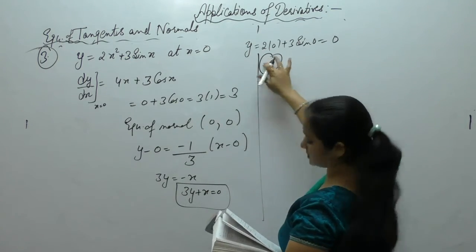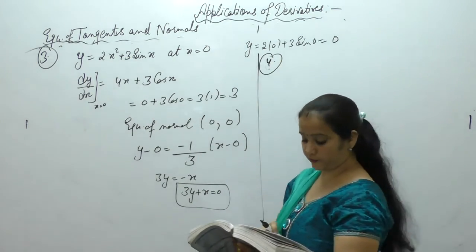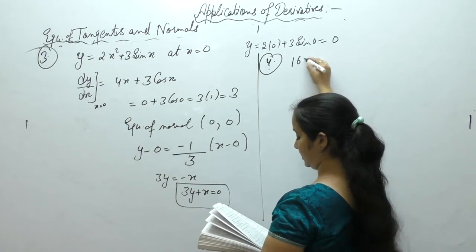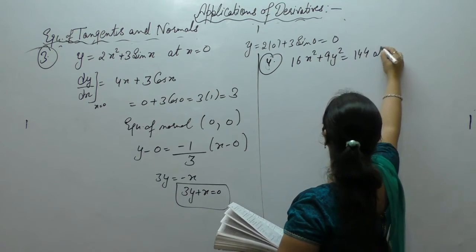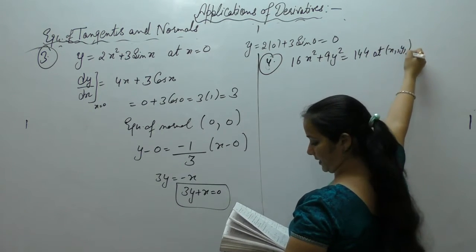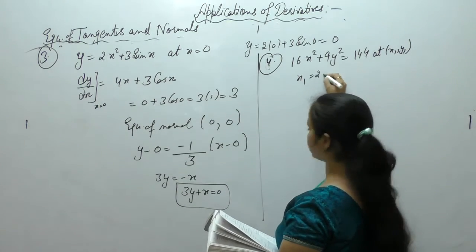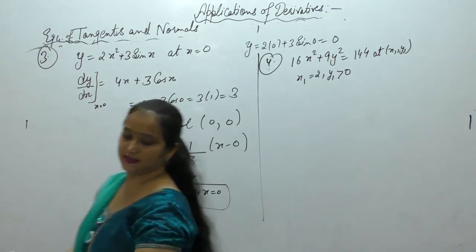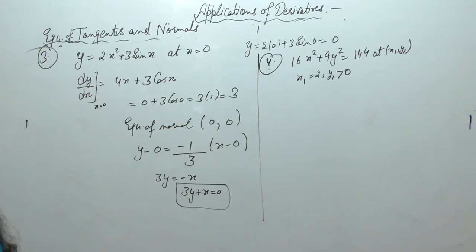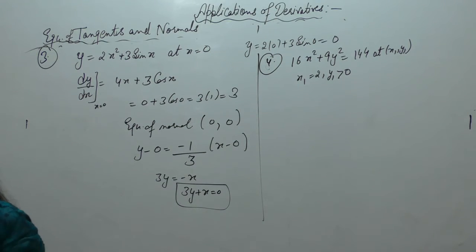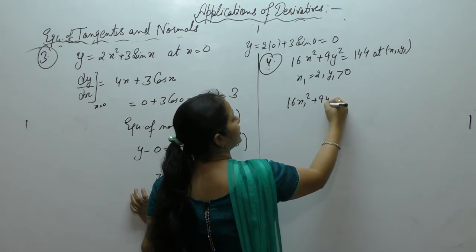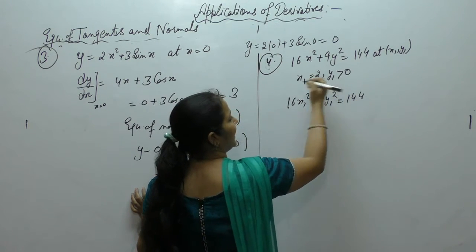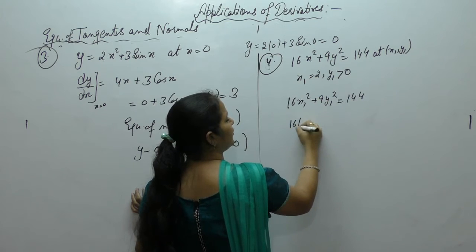Fourth one is find the equation of tangent and normal to 16x square plus 9y square equals 144 at (x1, y1), where x1 equals 2 and y1 is greater than 0. (x1, y1) will lie on this curve. x1 is 2, 2 square is 4.